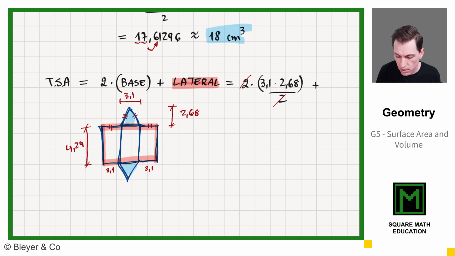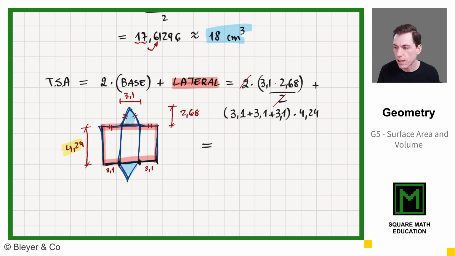The lateral, let's write it down here, is 3.1 plus 3.1 plus 3.1, so I get the length of all 3 faces together, and that we multiply by the height of my shape, which is 4.24.